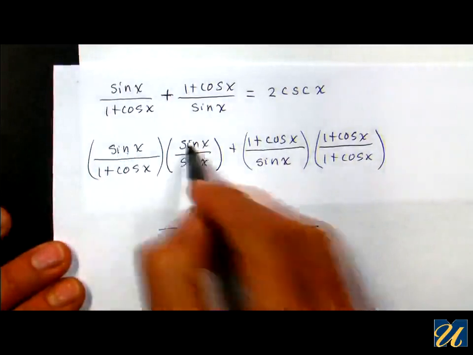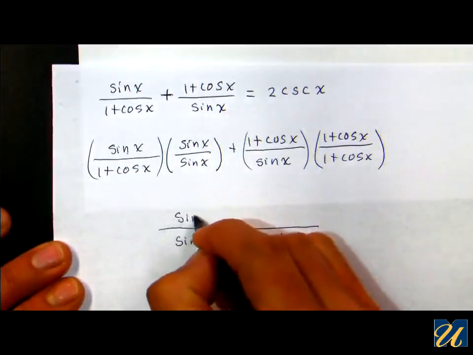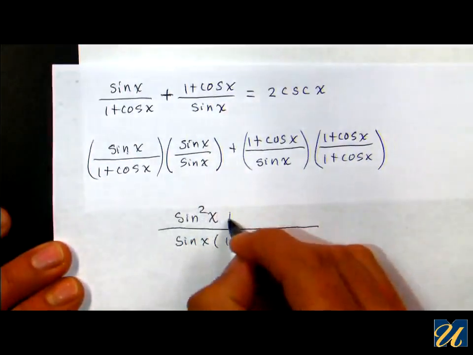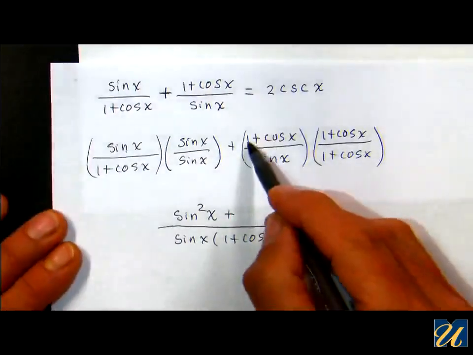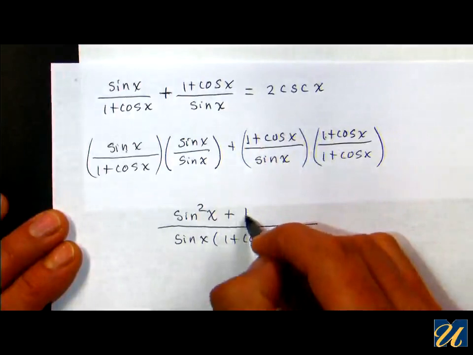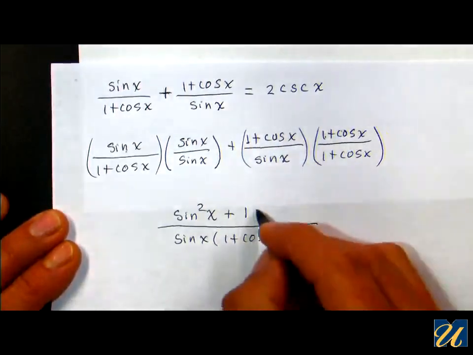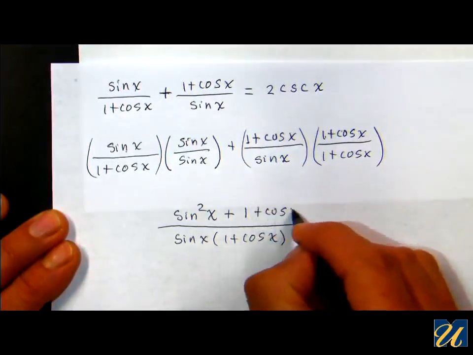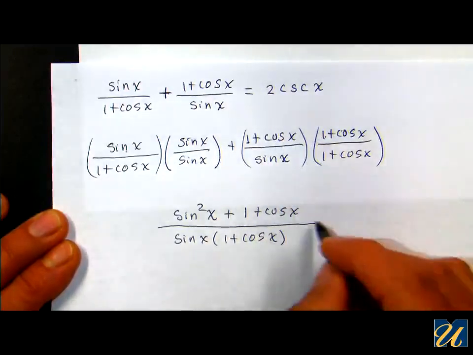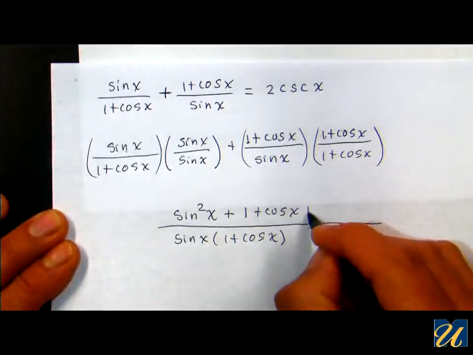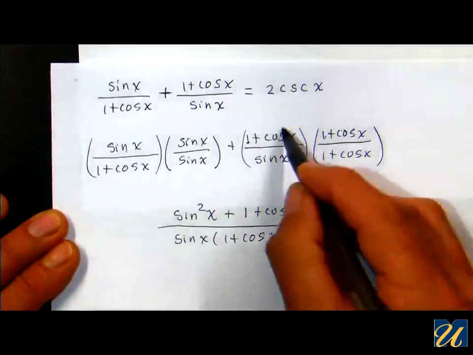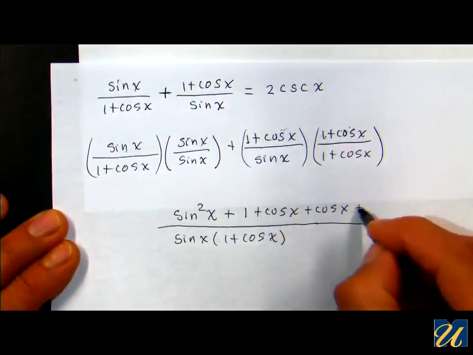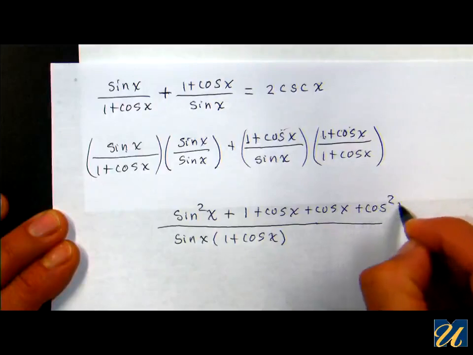Numerators, sine times sine is sine squared. There's that one. Plus. Now I think we'll multiply this out. 1 times 1 is 1, 1 times cosine x is cosine x. Cosine x times 1 is another cosine x. And then finally, cos x times cos x is cosine square.